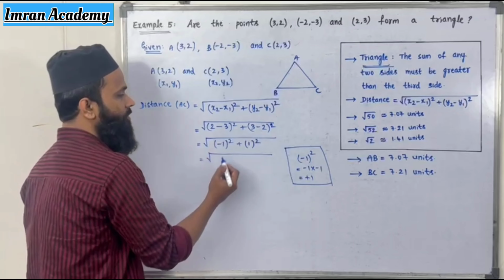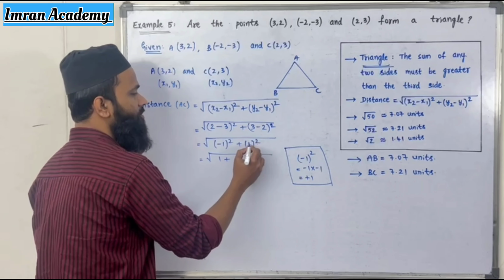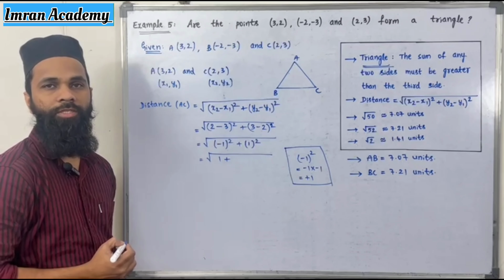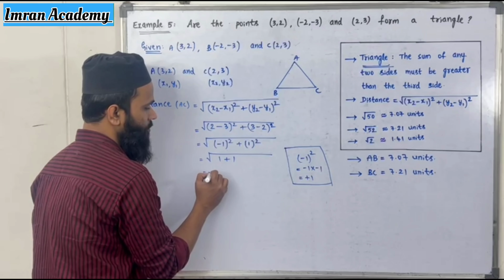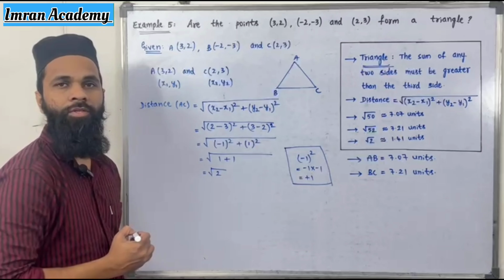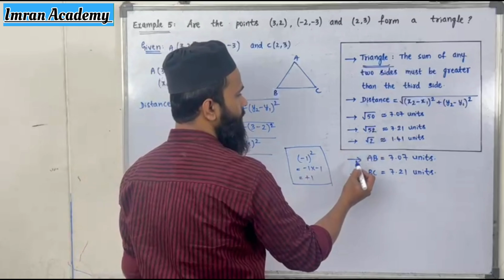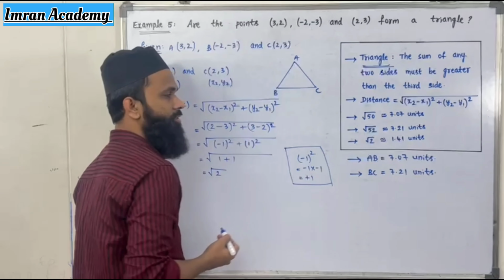Therefore, minus 1 whole square is 1, plus 1 square is 1 into 1, that is 1, which is square root of 1 plus 1, that is 2. We know root 2 is approximately 1.41 units.